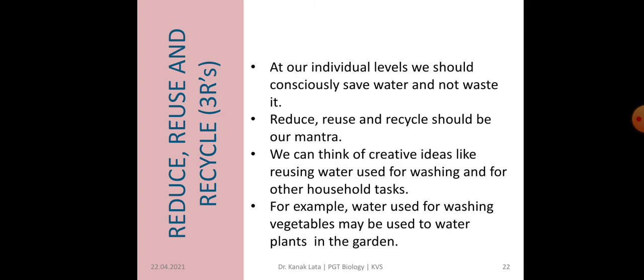We can think of some creative ideas like reusing water for washing and for other household tasks. For example, water used for washing vegetables may be used for watering your garden, because that water contains some minerals and vitamins. So it is very useful to the plants.